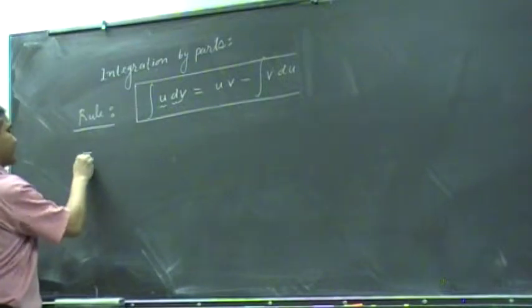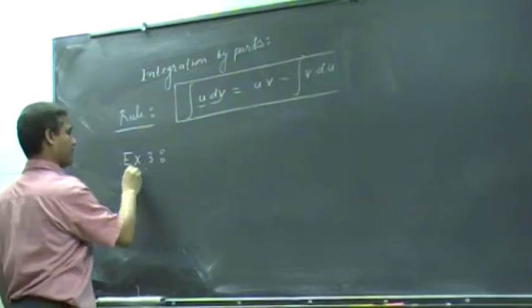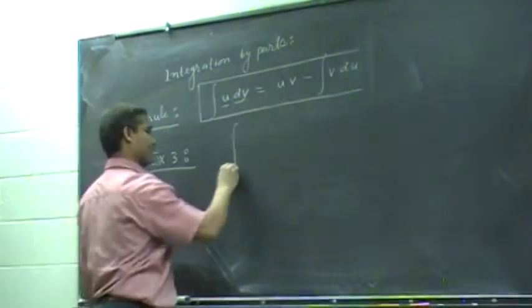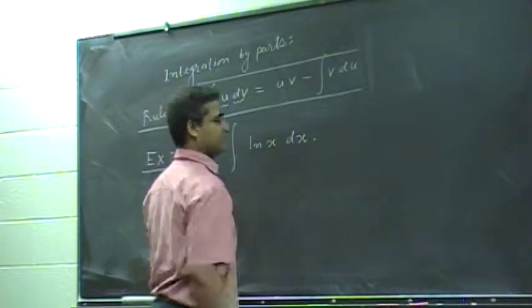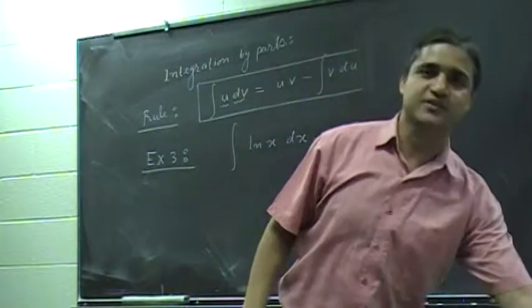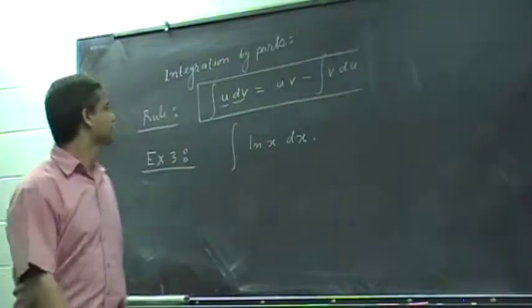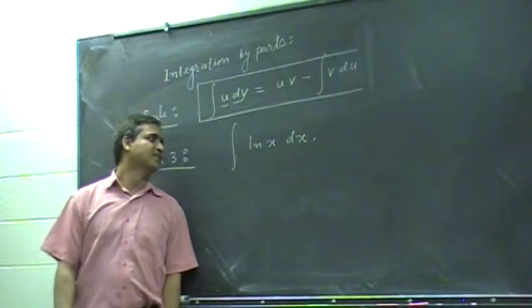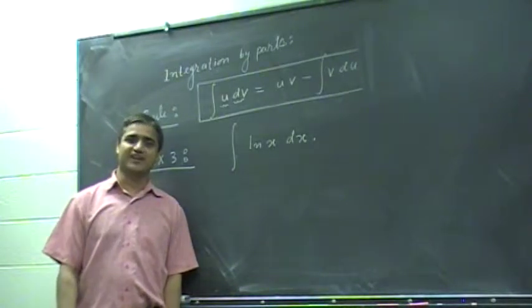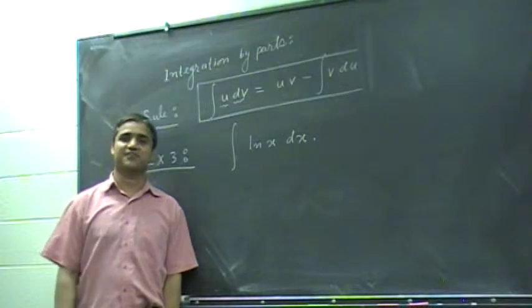Let's try example 3. Suppose you are asked to find the integral of natural log of x with respect to x. We cannot find the integral directly because we don't know the integral of natural log of x.